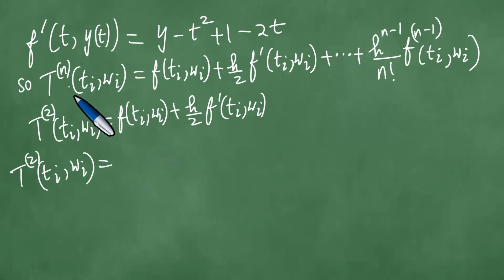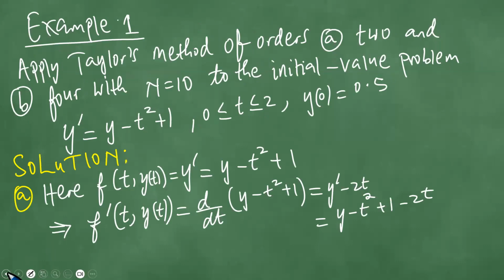What is f of t_i? It's what they give us at the beginning. So f is y minus t squared plus 1, but in our notation it becomes w_i minus t_i squared plus 1.